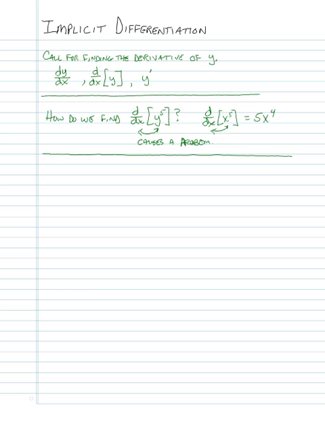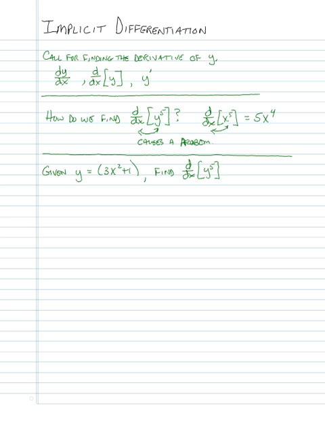So let's suppose we're given that y is 3x squared plus 1. Okay? And then we're asked to find the derivative of y to the fifth.